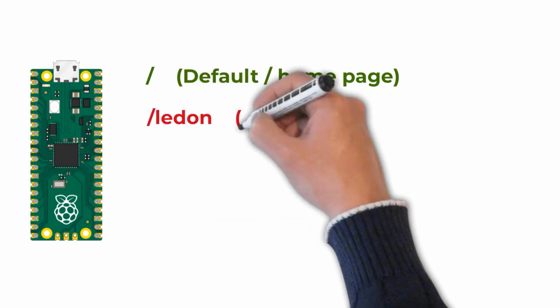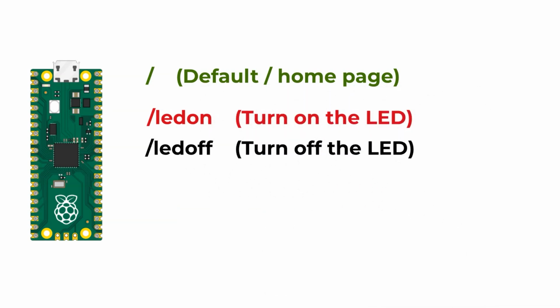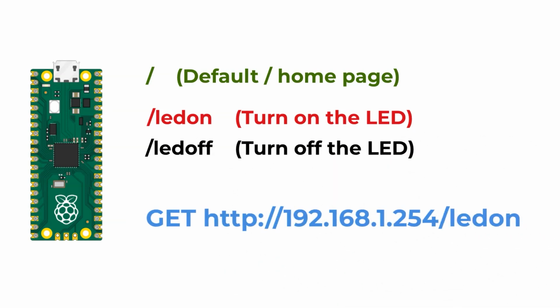One of those is going to allow us to turn the LED on, and one of those is going to allow us to turn the LED off. So basically, we'll create these URLs: our IP address /LED on and /LED off. So if we want to turn the LED on, we're simply going to have to get our browser on our mobile phone or whatever else we're browsing with to send a GET request to that URL.